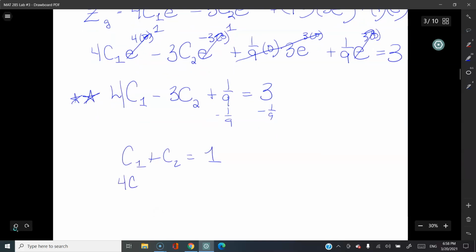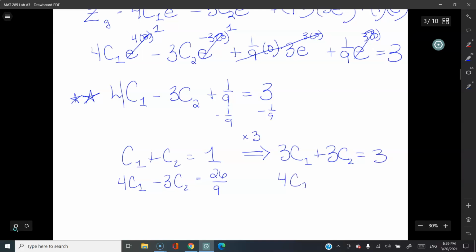We also know that 4c1 minus 3c2 is equal to 26/9. I'm going to multiply that first equation by 3, and that will make my c2 coefficients exact opposites, and I'll be able to use the elimination method on my system to solve for c1.